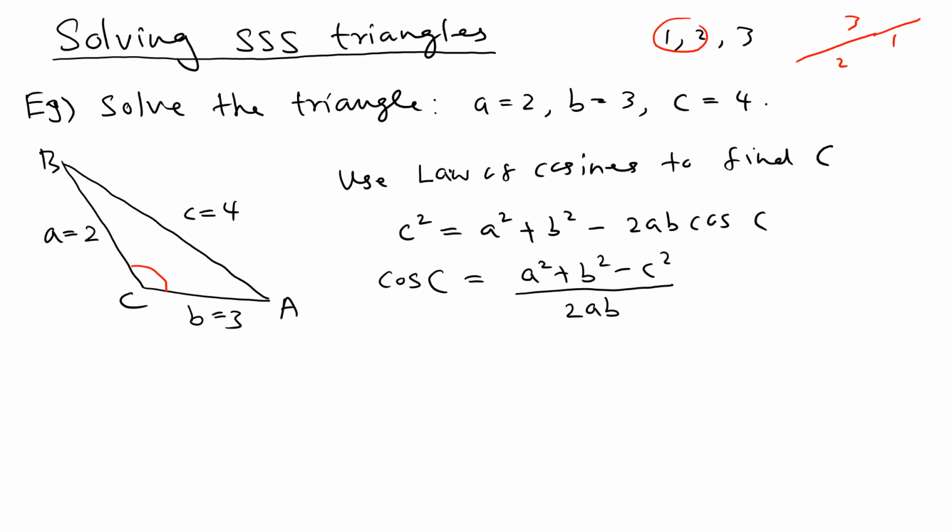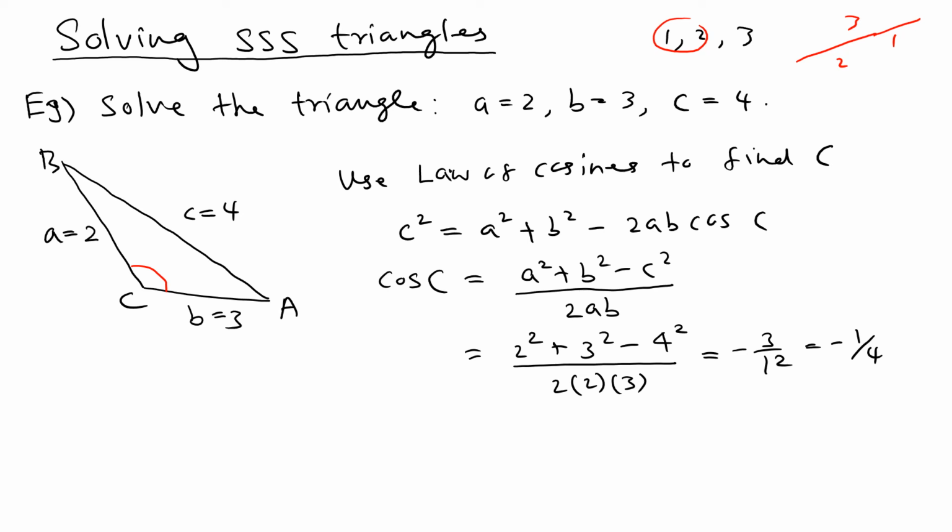Now we can plug in the values: a equals 2, so 2 squared, b equals 3, 3 squared, minus c is 4, so 4 squared, divided by 2 times 3. If you simplify, you get negative 3 over 12, which simplifies to negative 1/4.